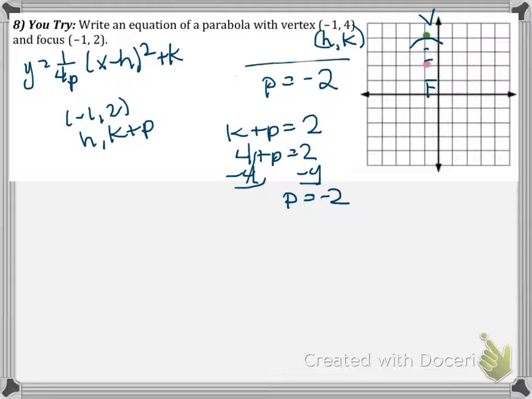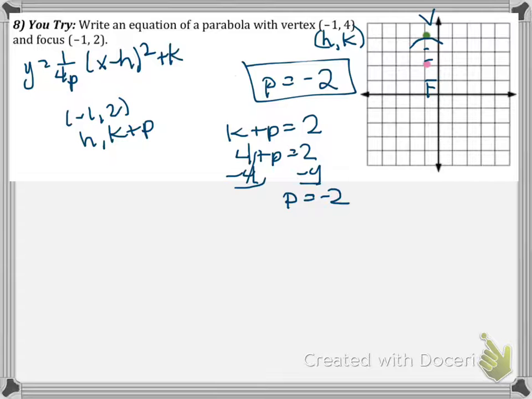So either way, however you want to find it. You can just count to figure out which way it is. It's negative because the parabola opens down. p would be positive if it's pointed up, and to the right, it would be positive if it opened to the right. It would be a positive p, and if it opened to the left, it would be a negative p.